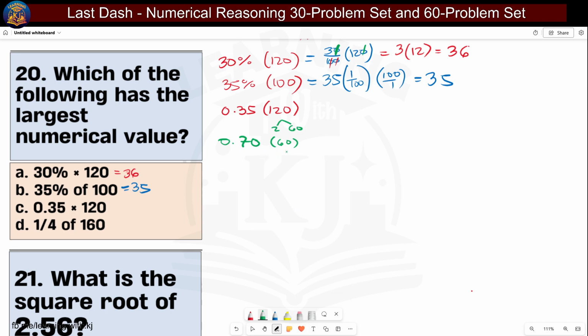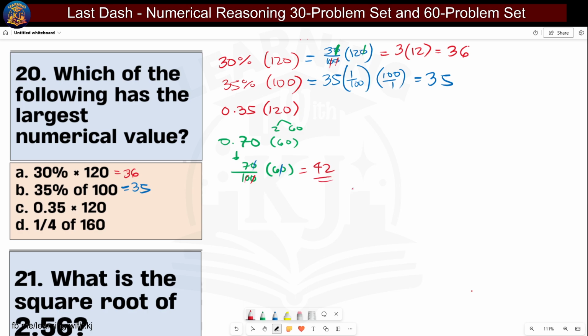Ang 0.7 and 60. Lalagay ko to as, siguro gagawin ko siyang 70 over 100. Yan kasi yung value niya. 70 over 100 multiply by 60. Ito yung pinaka-final niya ha. We have dalawang 0. Dalawang 0 rin sa baba. This will now become 7 times 6, that's 42.